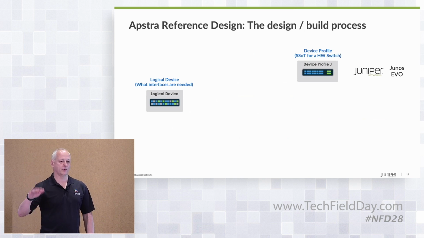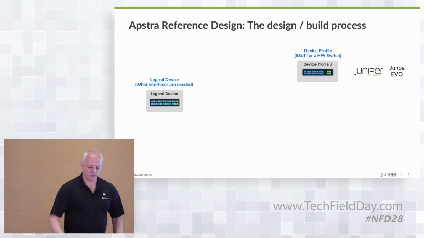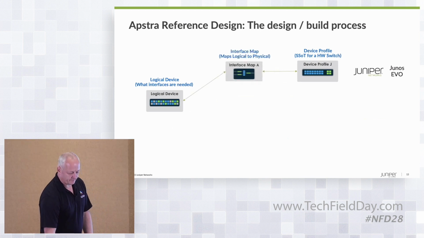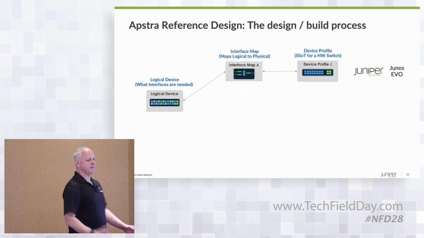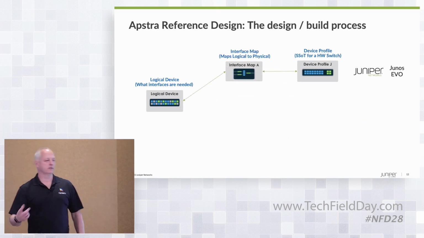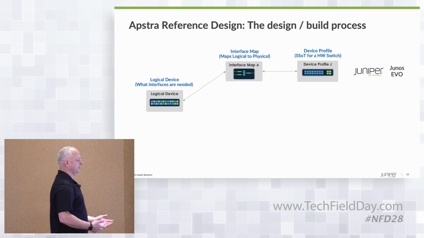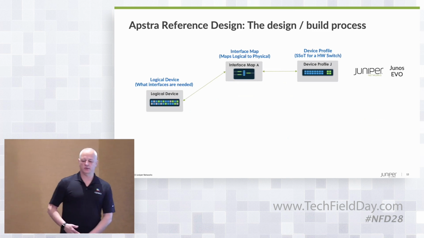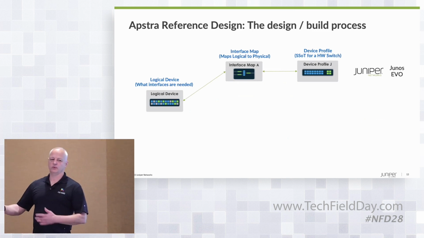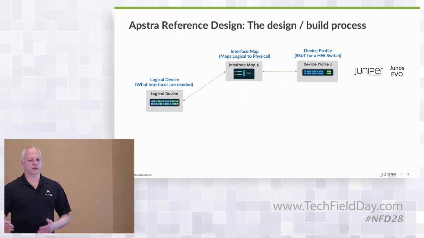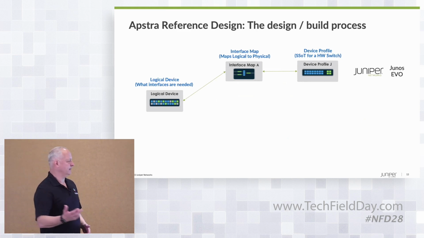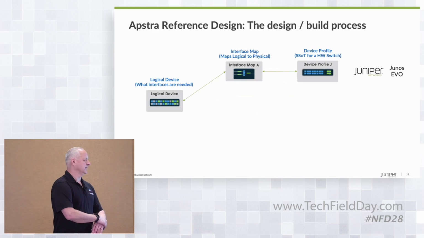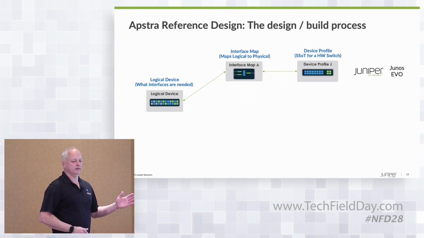So we have a profile for all of the vendors that we support. We support Juniper with Junos. So the mapping bit that we were talking about, I sort of called it out already. So let's say we started with a switch which had 48 ports of 10 and 25 gig and 8 ports of 100 gig, but we wanted to swap that.